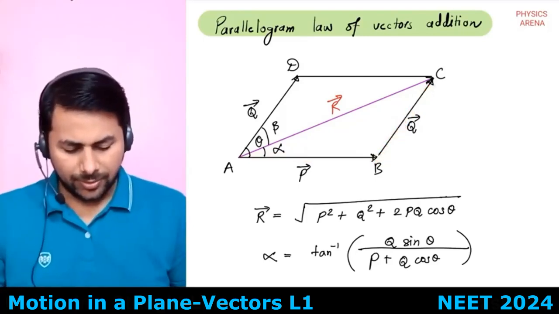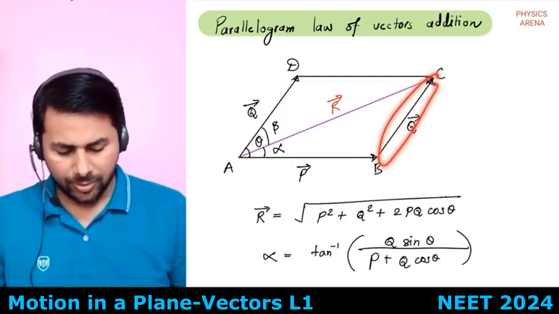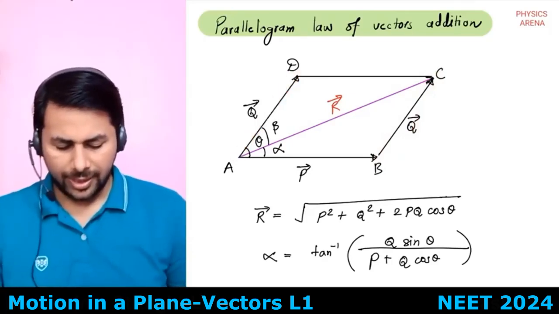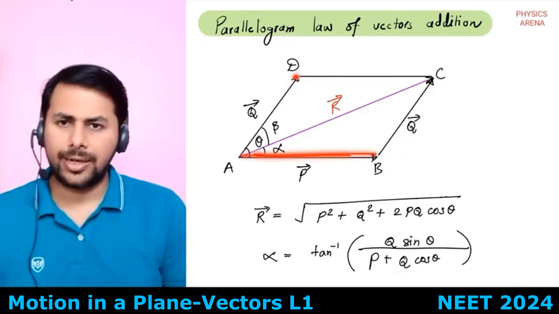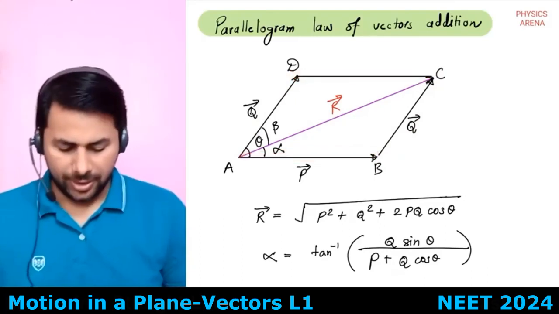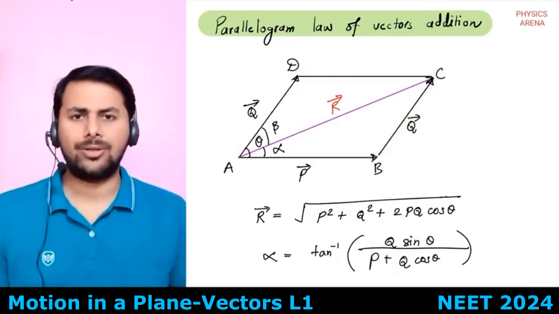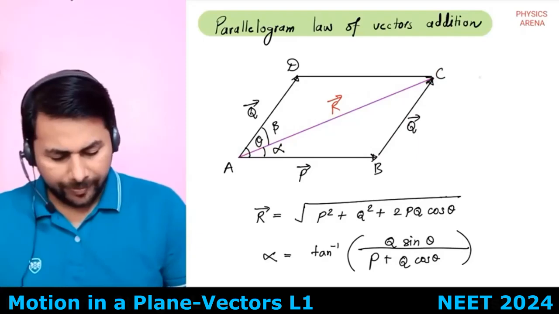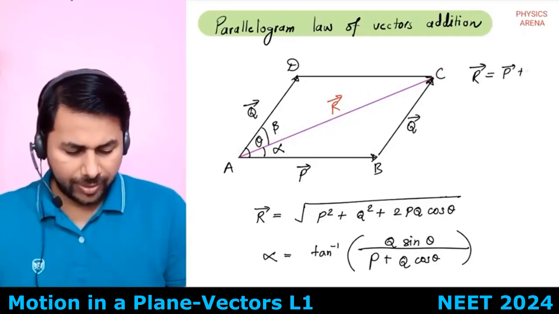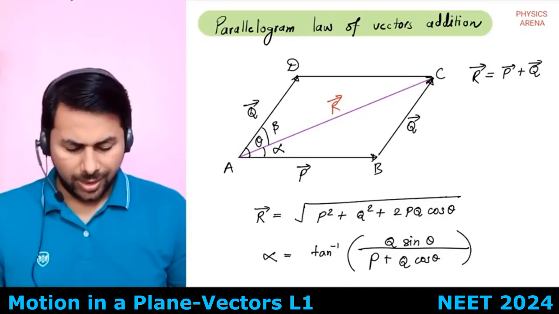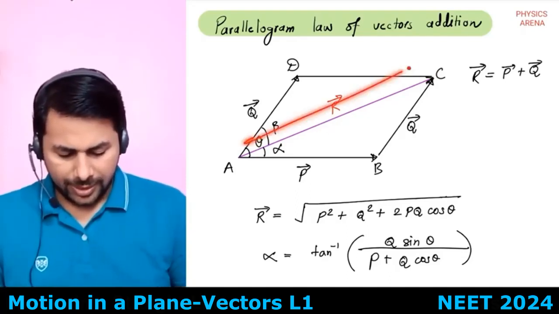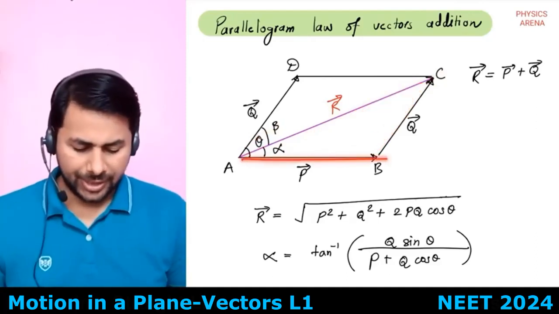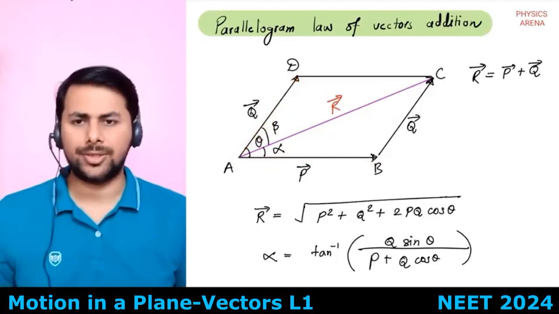Now see, if I draw this q bar at this point, I will get this vector, and if I draw p bar at this point, I will get this vector. If I consider this diagram, it's a parallelogram. So r bar is p bar plus q bar. This addition can be shown in this triangle, or in this parallelogram also.